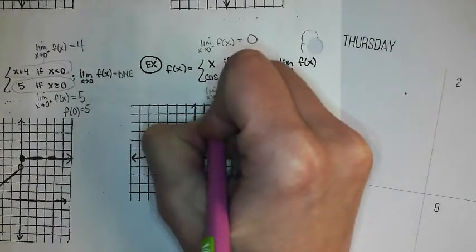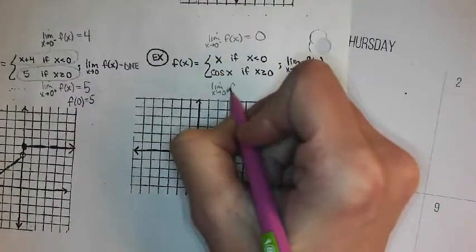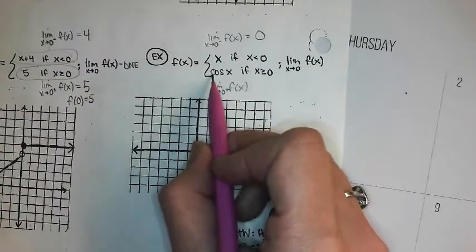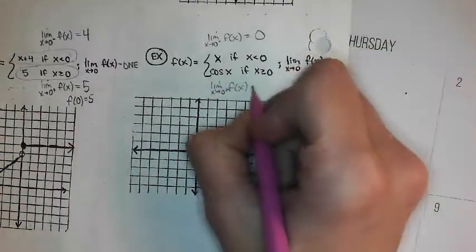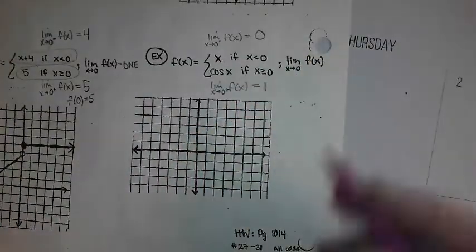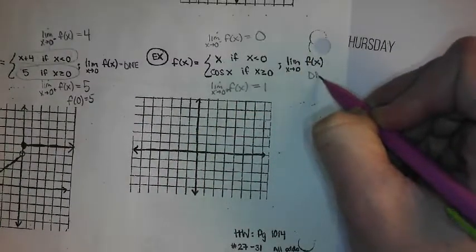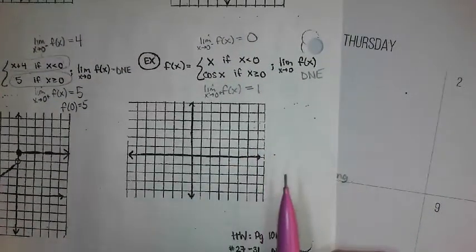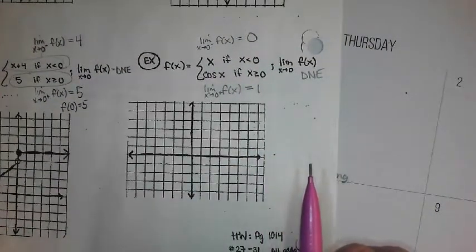Limit as you approach 0 from the right uses this piece, and you plug in 0 there. Cosine of 0 is 1. So the overall limit does not exist.